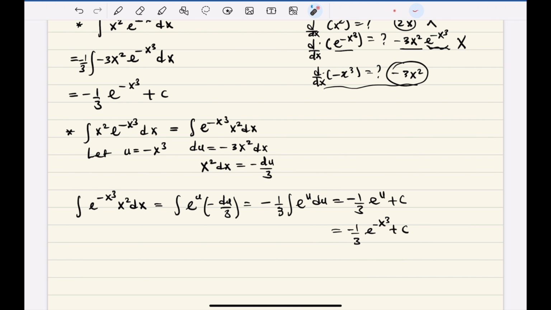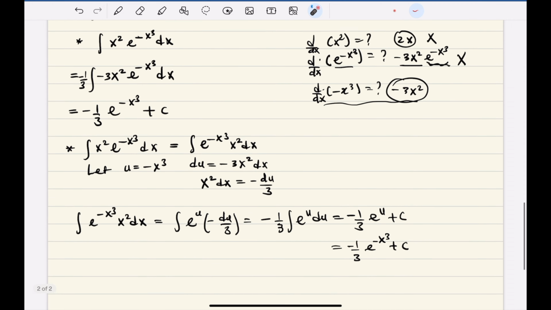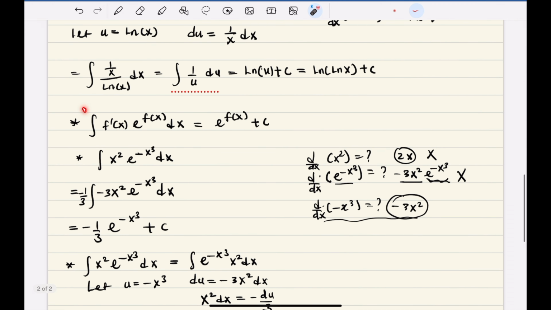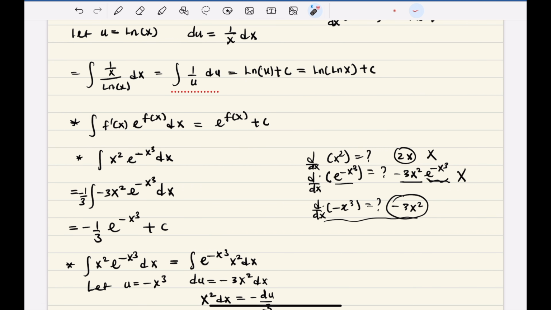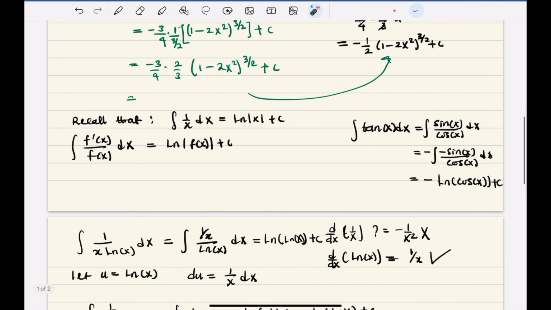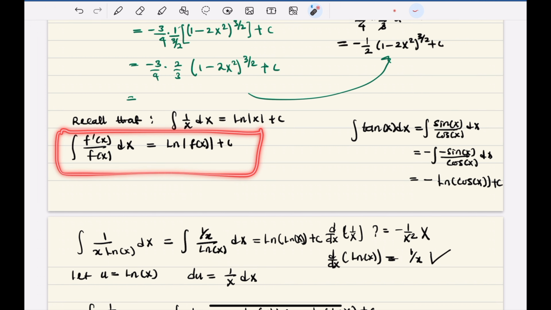To bring everything to a close, the point I'm trying to make is that here are some places where we can use substitution. For example, if we have the derivative of a function multiplied by the exponential of that function, our mind should point to U-substitution. Another case is when we have the derivative of a function divided by that function.